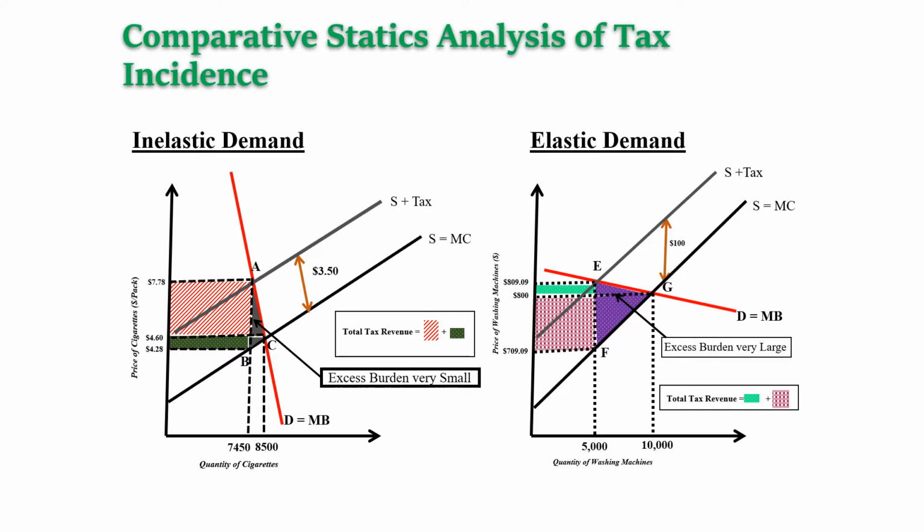Now let's look at this other diagram on the right. You see that this demand curve is flatter. The flatter the demand curve, the more elastic the demand. The steeper the demand curve, the more inelastic the demand. So in this case, for the steeper curve, the deadweight loss is lower. Did you see the deadweight loss? ABC is smaller relative to EGF.